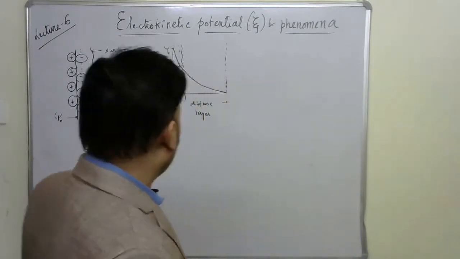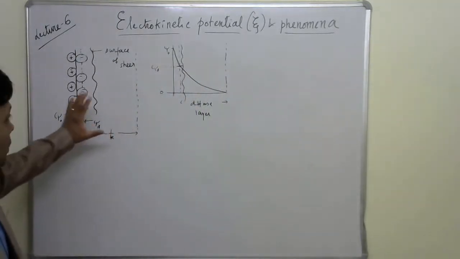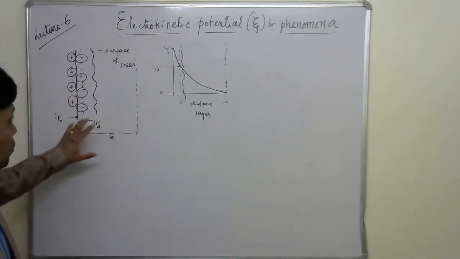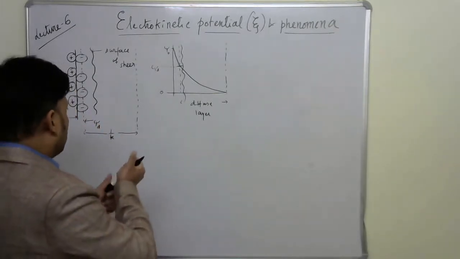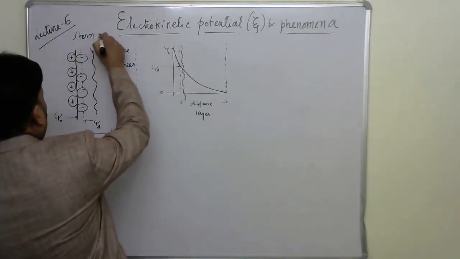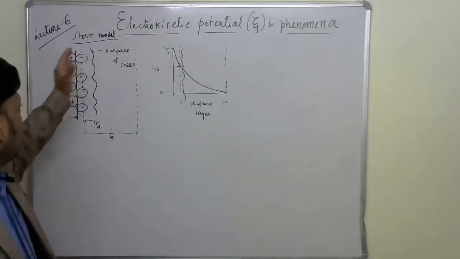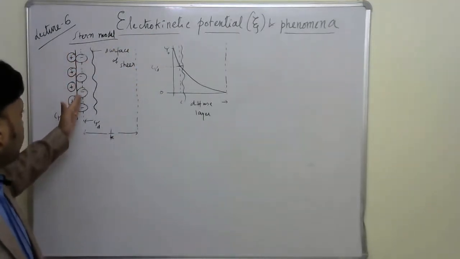Before we begin, once again to refresh your memory, we have been talking about the zeta potential through the Stern model. This is on the left hand side of what I have drawn here. This is the Stern model, and you see we have a fixed layer of adsorbed ions.